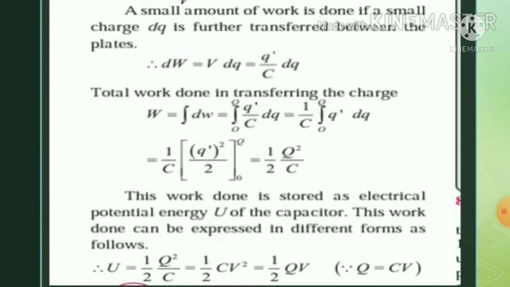So in this way, today I have obtained the equation for the electrostatic energy of the charged condenser or capacitor.